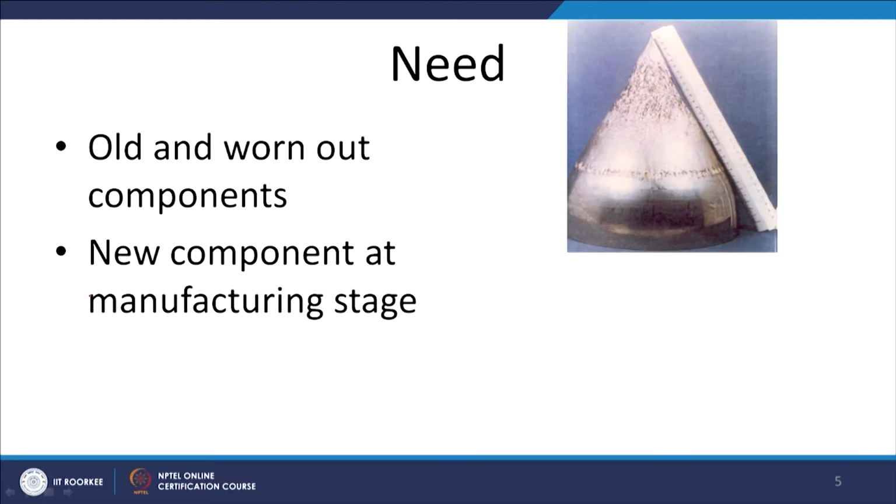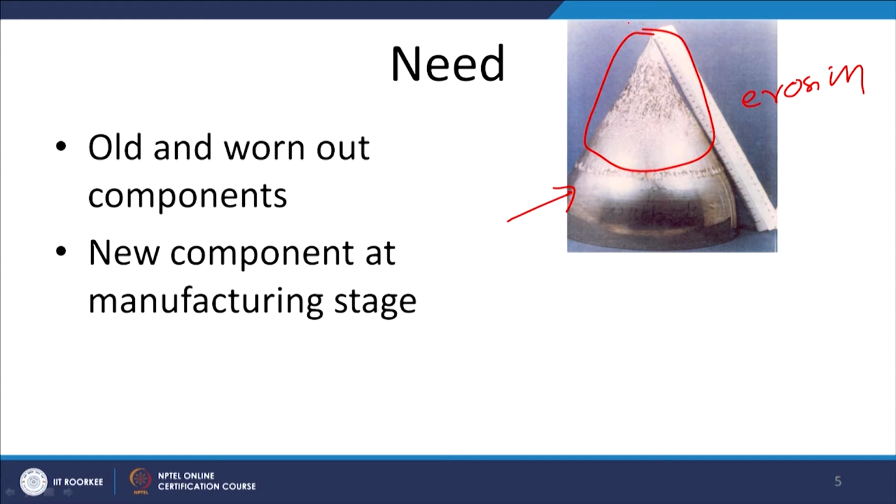Now, at what stage it is applied, that is what we have to see. This is one particular part used in a hydro turbine component to regulate the flow of water, and it is subjected to erosion. Because of the erosion, we see that loss of material from this region has taken place.